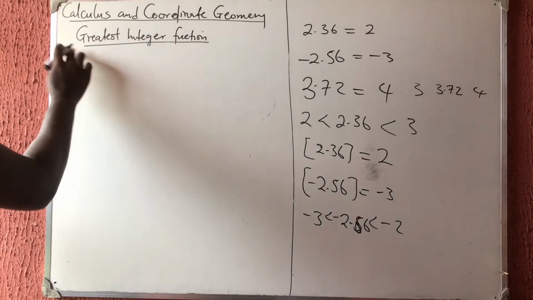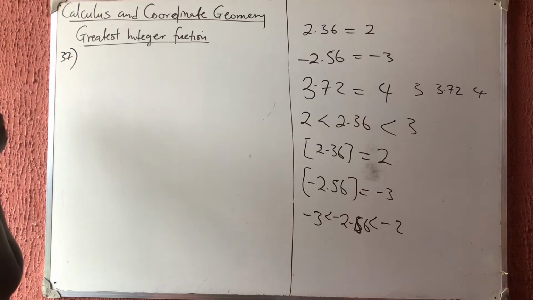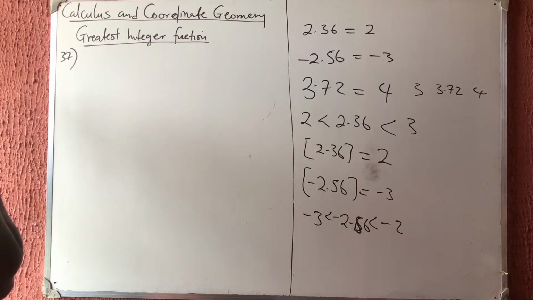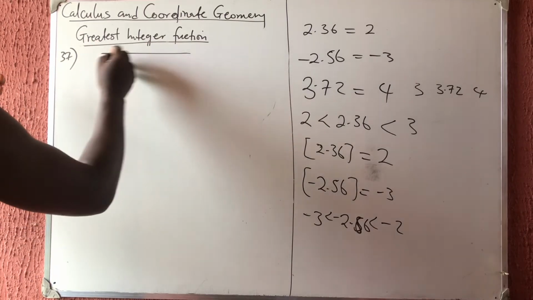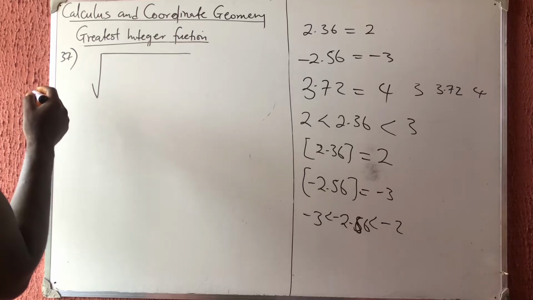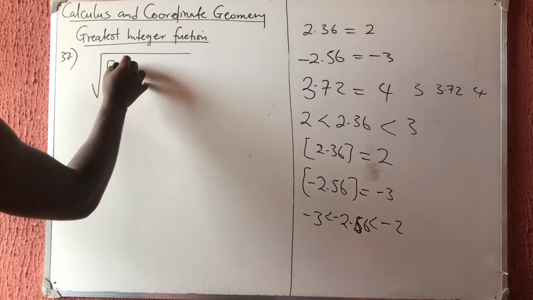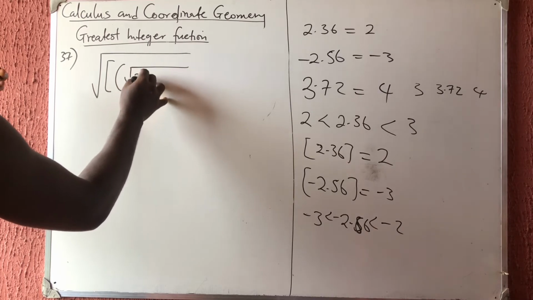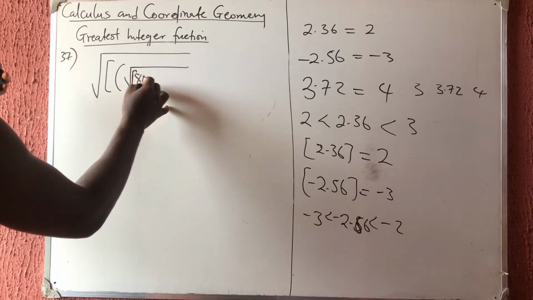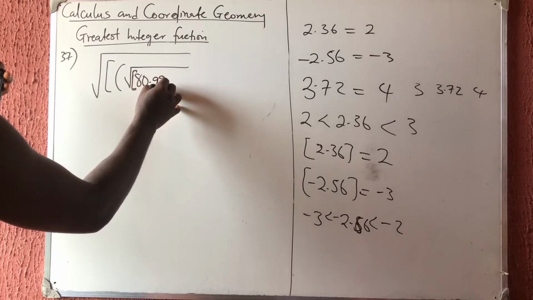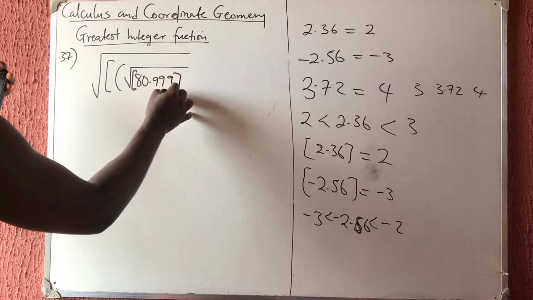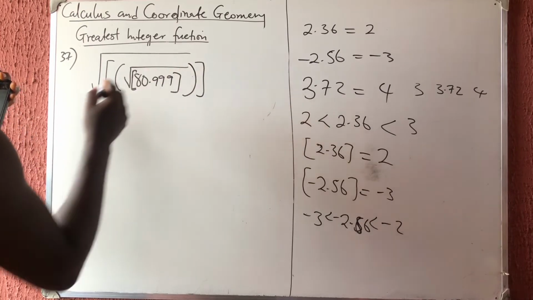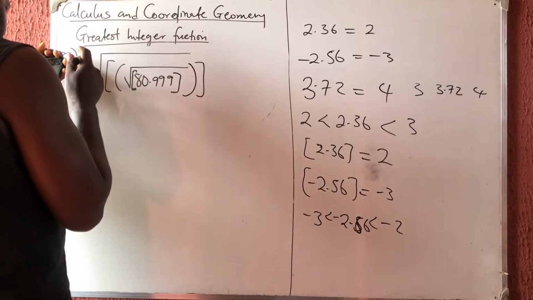Question number 37 said the square root of the greatest integer function of the square root of the greatest integer function of 80.999, all raised to power 3 here.